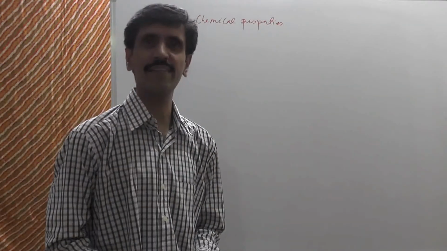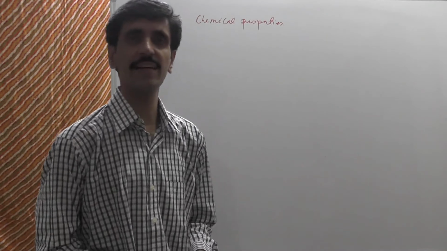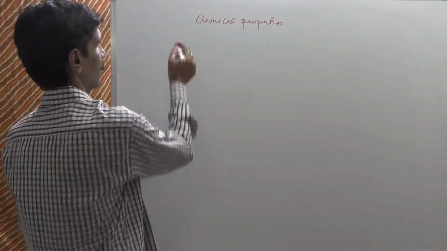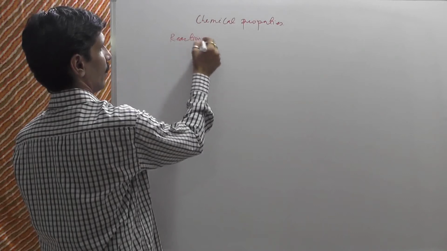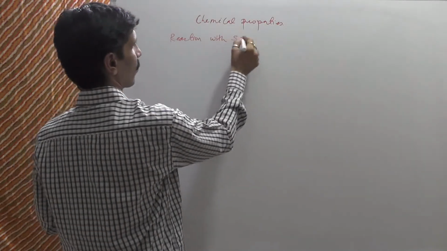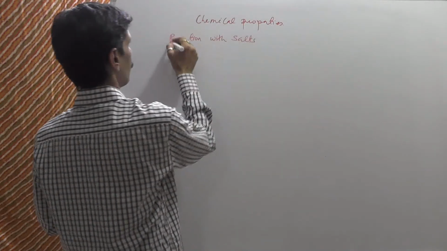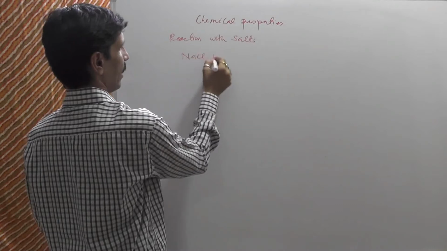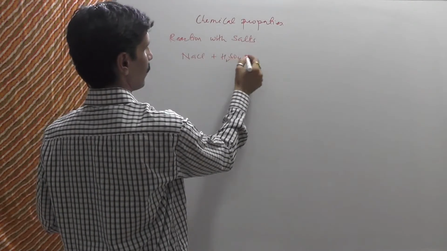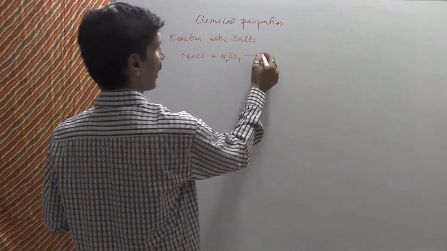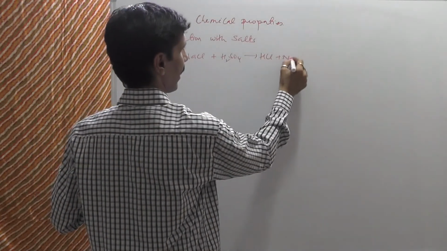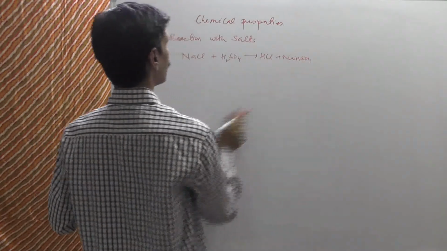Next property, my dear friends, that we are going to discuss, and that is reaction with salts. Reaction with salts. So I talk about NaCl and sulfuric acid. So one of the H will be removed and it will go with Cl to give HCl, and we have NaHSO4.